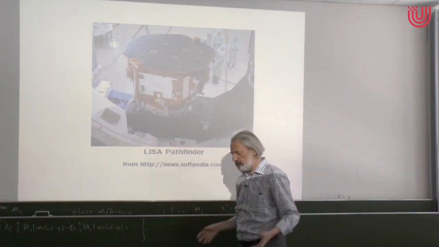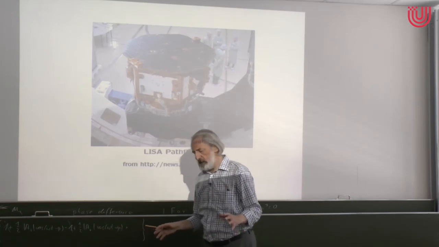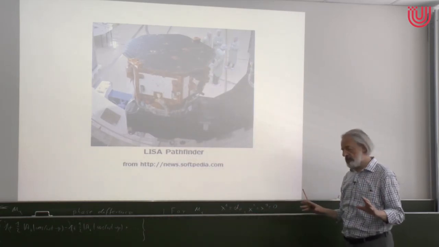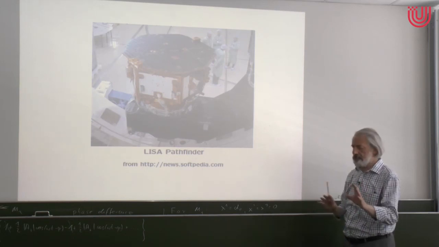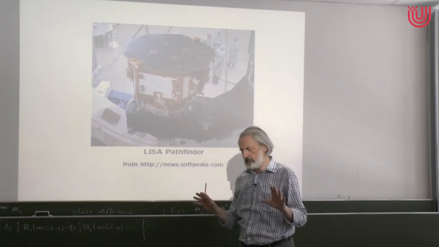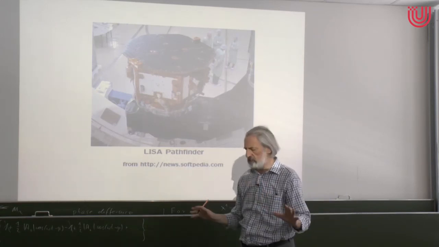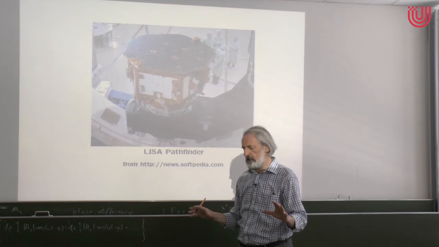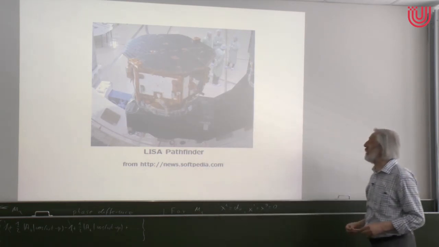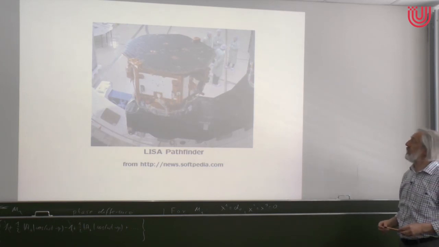So everything is in one spacecraft for this instrument. It was meant for testing the positioning of the test masses, the mirrors, and to see if one can have these things really moving drag-free in space.